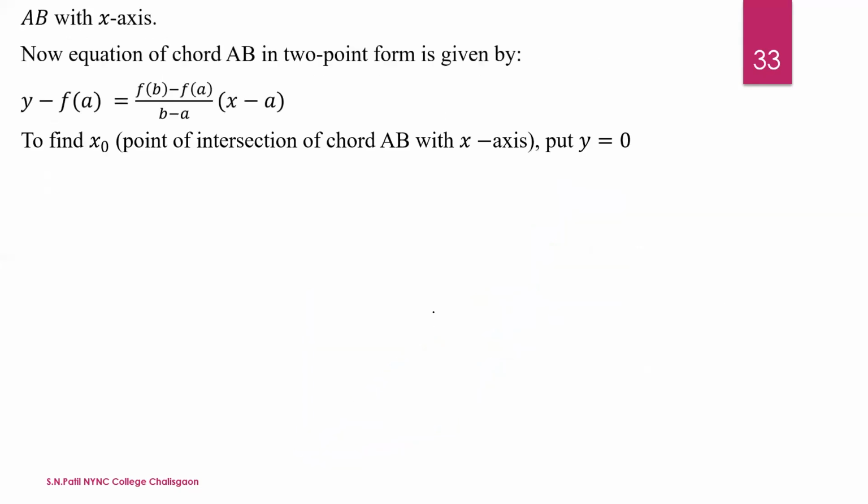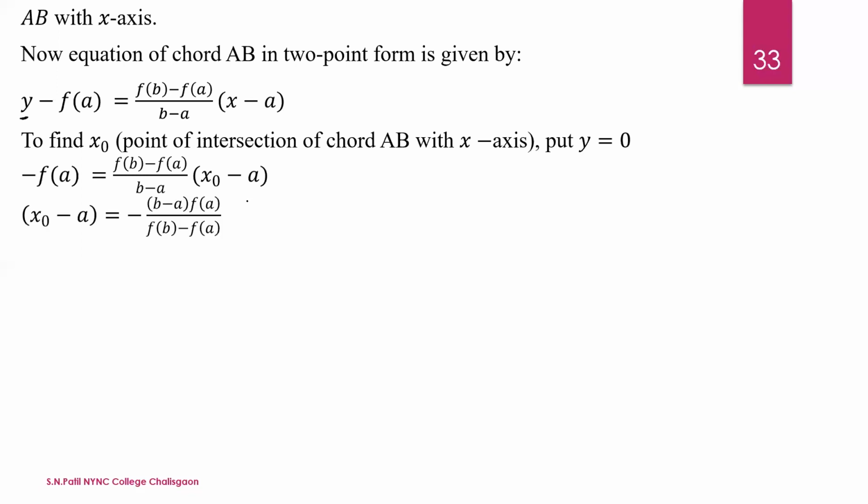Now here, to find the first approximate root x0, we put y is equal to 0. That is the point of intersection of chord AB with the x-axis. So we put y is equal to 0. When we put y is equal to 0 here, then we get minus f of a times the slope, as it is x0 minus a.